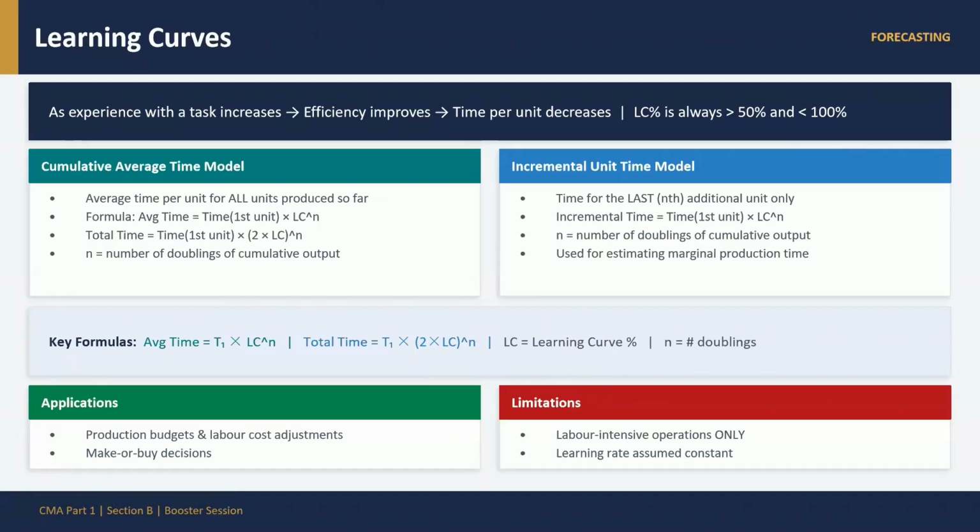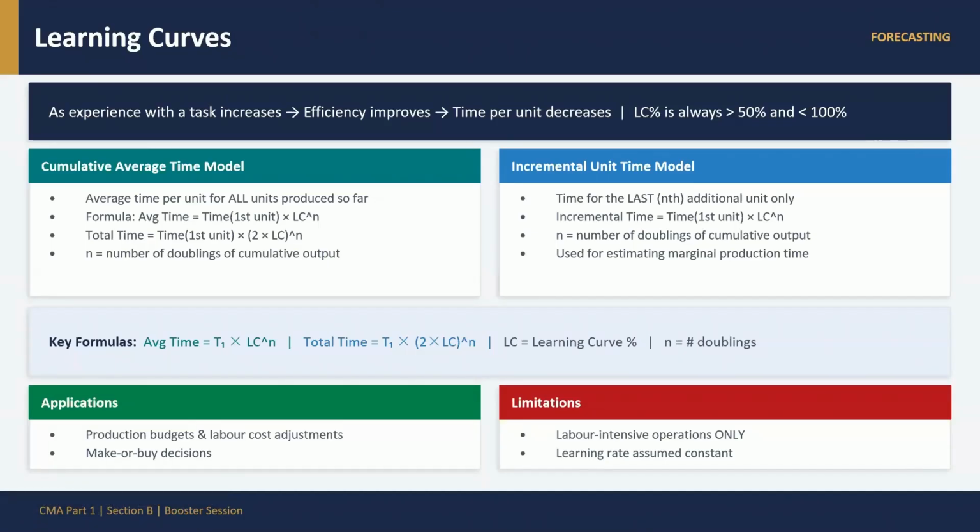That is also not possible. Some learning will take place. So always remember, the learning curve percentage will always be greater than 50% and less than 100%. Okay. So it cannot be equal to 50% because it will give us the exact time that we took for producing the first unit, which is not practically possible. At least 1 hour we could have taken extra for producing the second product. And it can't be 100% either.